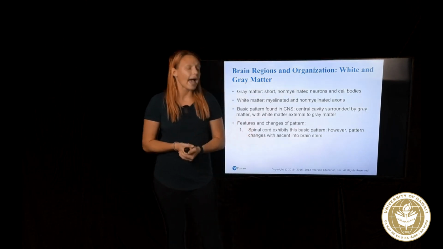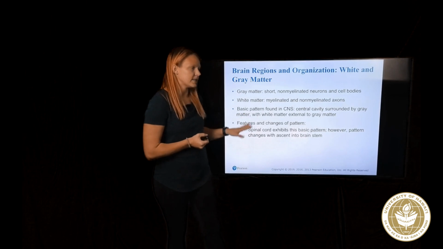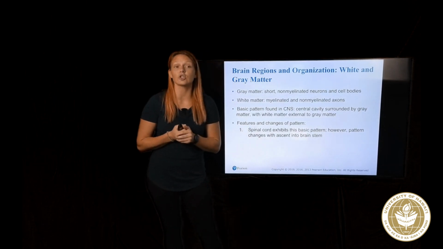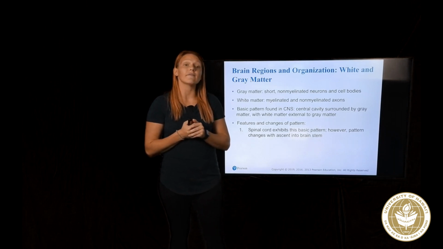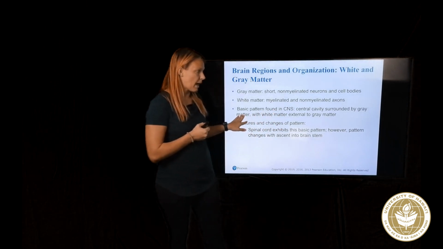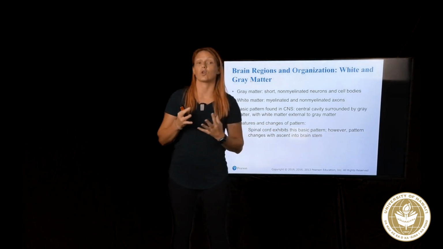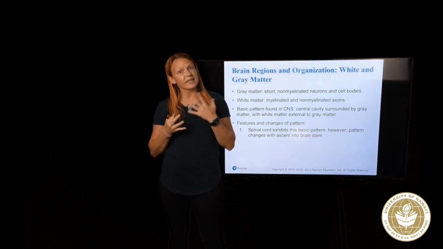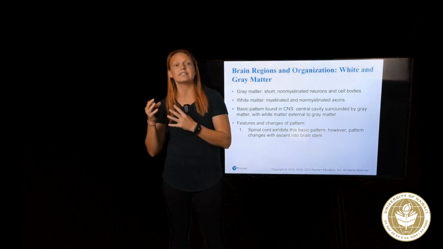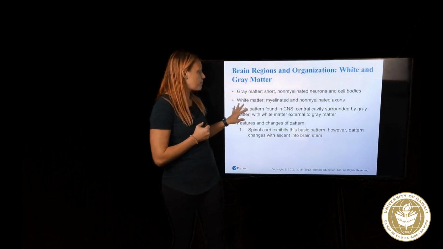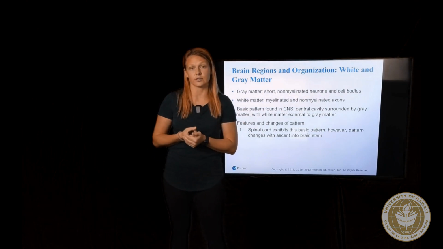So the basic pattern that we see in the central nervous system is that there's going to be a central cavity, and that cavity is going to be surrounded by the gray matter, with the white matter external to the gray matter. We're going to see some exceptions to this rule and how it differs in the central nervous system, but this is the basic pattern.